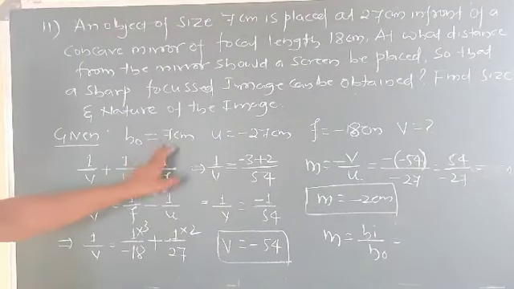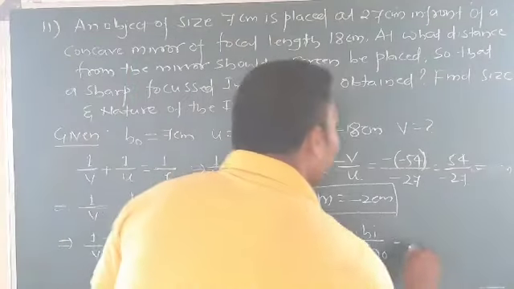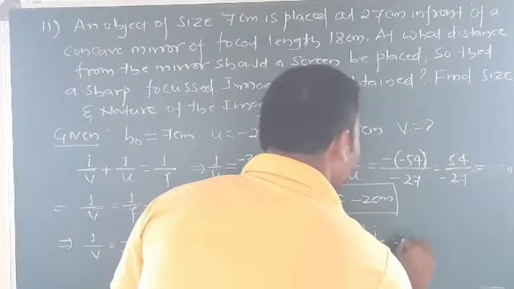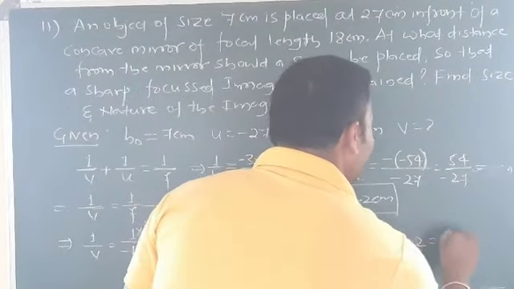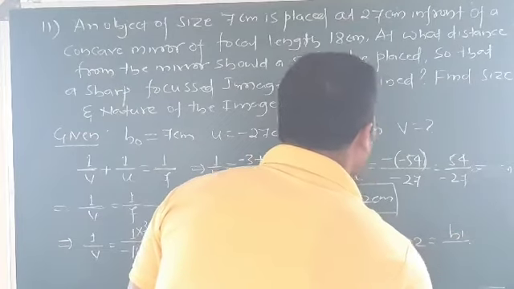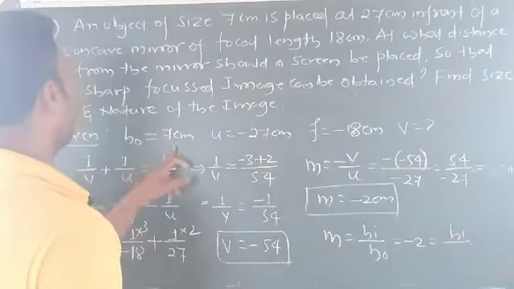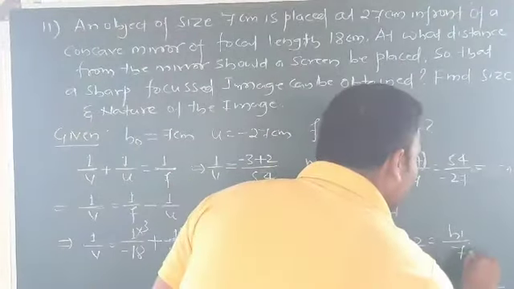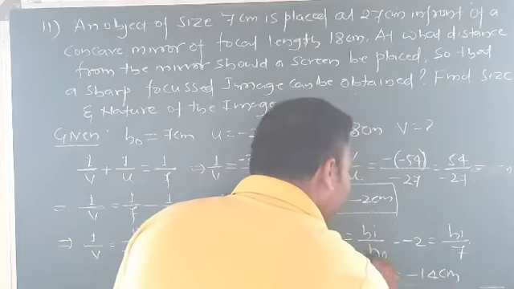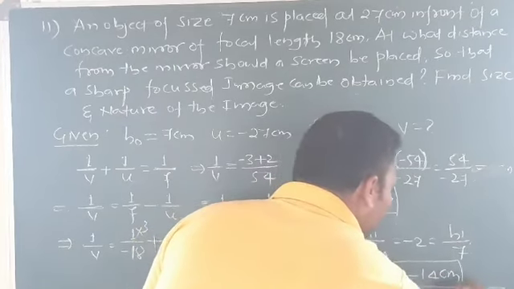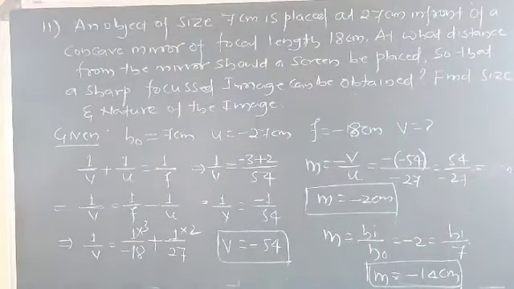Here h o is already given. So m we have already, it is minus 2, h I you can keep as it is, and h o already we have, 7. So now h I is equal to minus 14 centimeter.